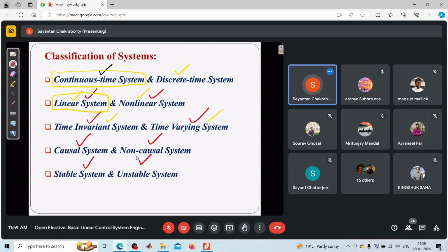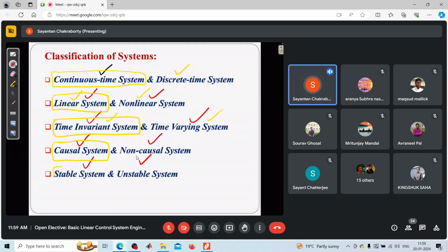So this is like a branching. There may be numerous permutations and combinations that you can have. So let us say the continuous time linear system is time invariant. Then this system may be causal or non-causal. Let us consider that to be causal. And finally, this system may be stable or unstable.